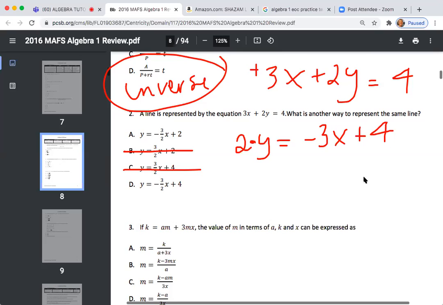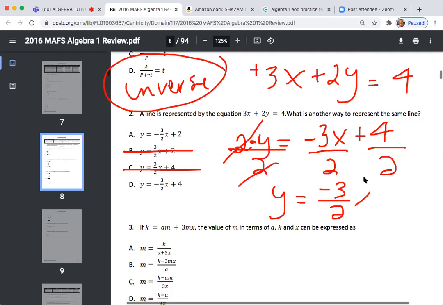What's the inverse of multiplication? Division. Yes. So then you would take the 2 and divide both sides, every single term, by 2, to get y equals negative 3 over 2 x, and then plus 2. And there you are.